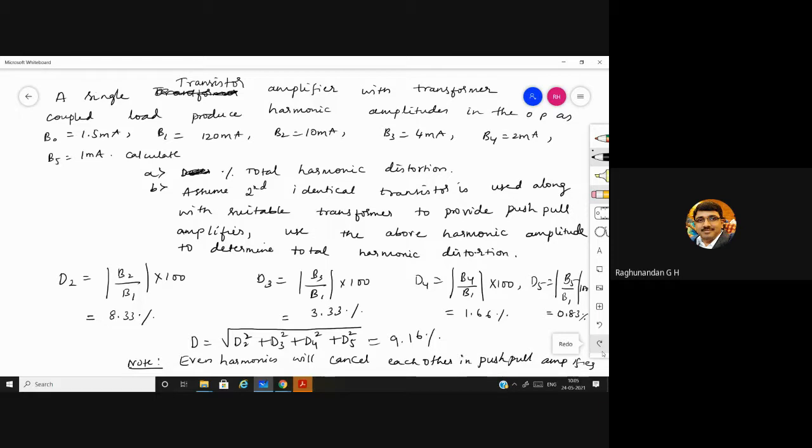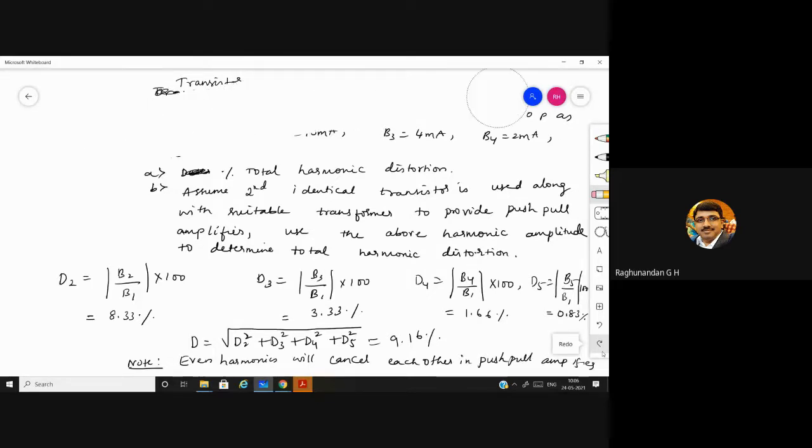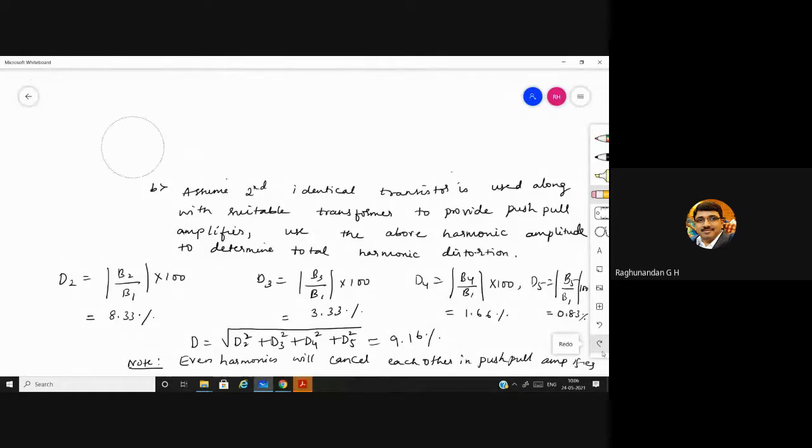So when even harmonics get cancelled, you need to find out the harmonic distortion. When even harmonics are cancelled, it means D2 and D4 both are cancelled. So in that case, the total harmonic distortion will be equal to root of D3 square plus D5 square. So just substitute this, you'll get the answer.